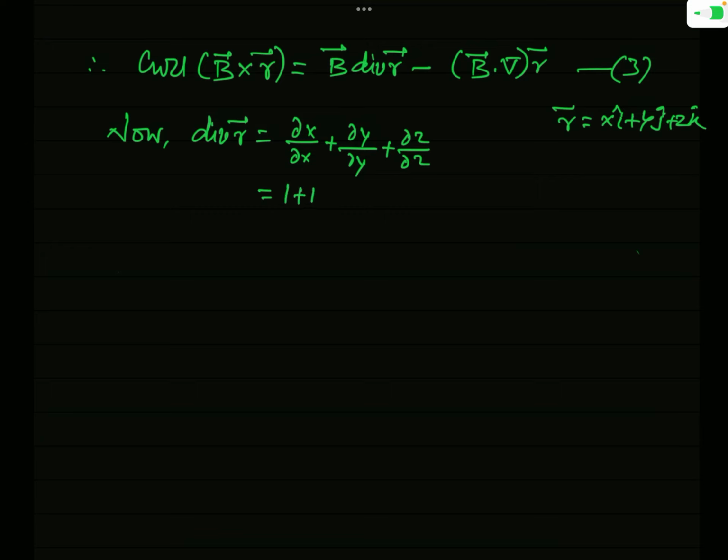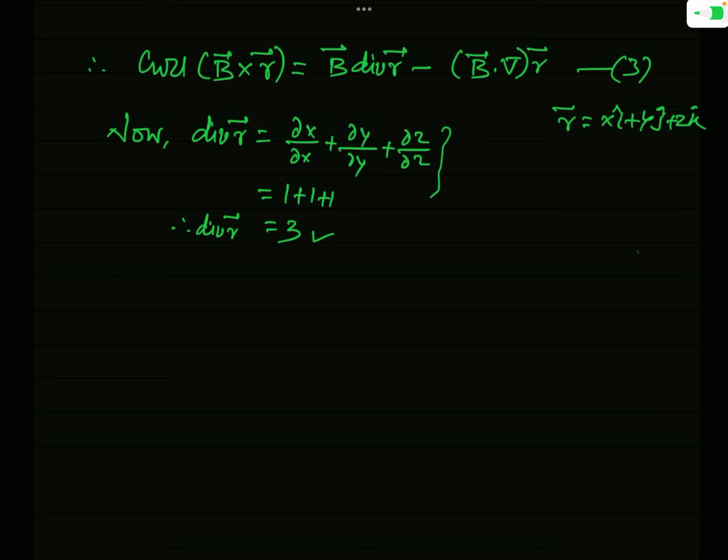And this is 1 plus 1 plus 1, that is 3. Therefore, you can say that divergence of R is simply equal to 3. You should remember it. There is no need to calculate this divergence of R like this. This is a very important result, and definitely its value should be in your mind. You can write it directly.